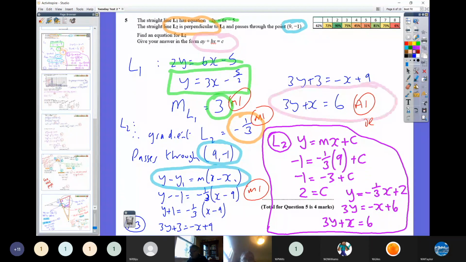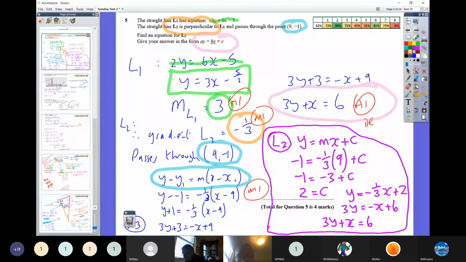But it doesn't actually say anywhere that a, b, and c have to be integers. So if you've just left it as y plus a third x equals 2, I have given you full marks, and that's absolutely fine. But if you haven't got it in the format of so many lots of y's plus so many lots of x's equaling the constant, you have lost a mark.